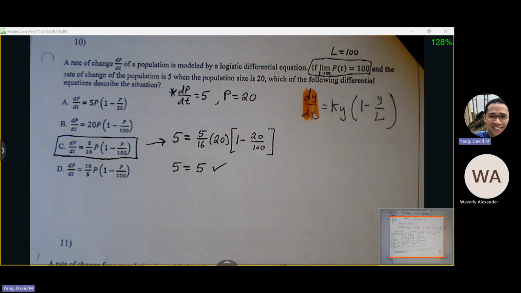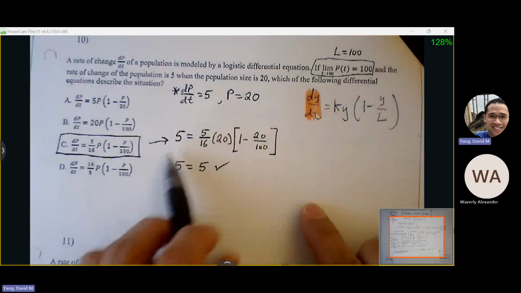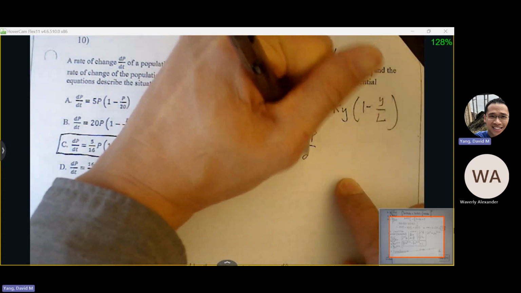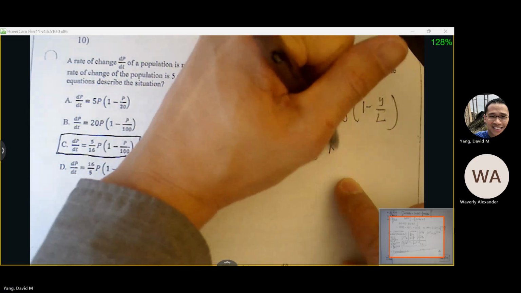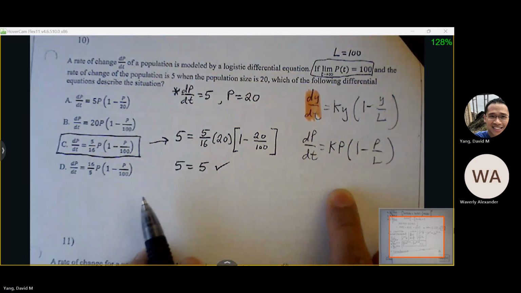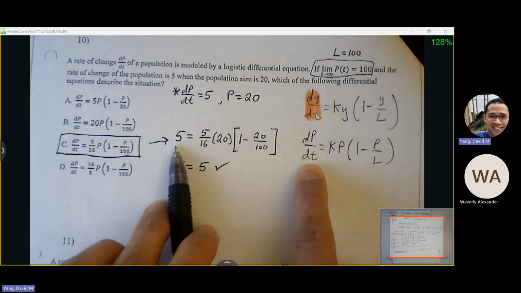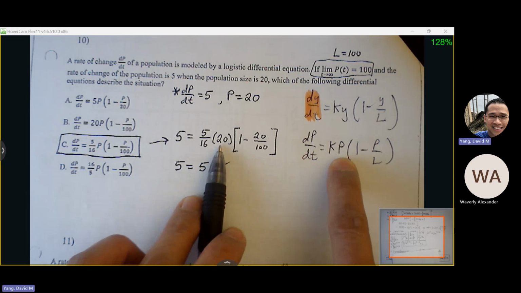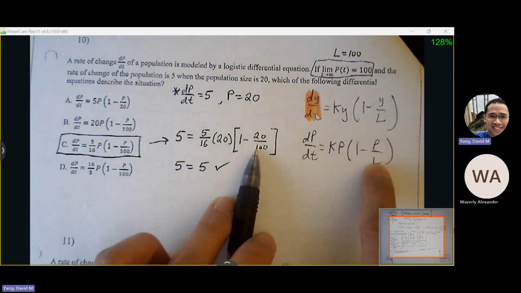Sorry, I replaced my dP. Let me rewrite this in the variable that we're using. I'm replacing dP/dt with 5, and I'm replacing P with 20, and then 20 over 100.